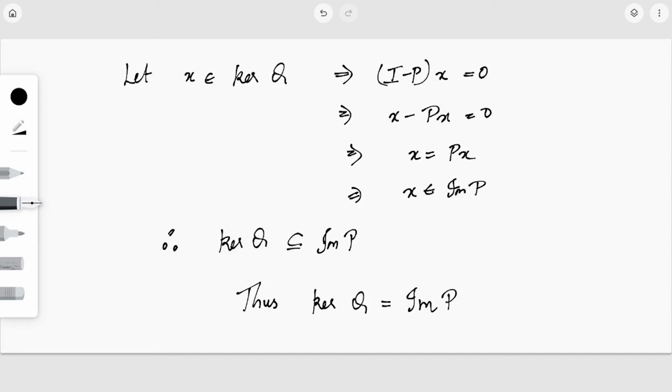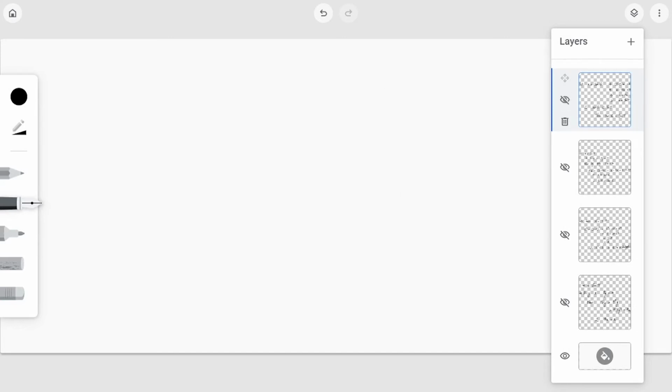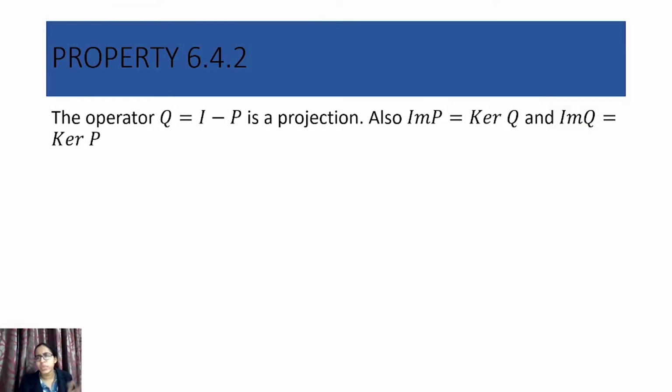And the other portion, that is kernel of P is equal to image of Q, can also be solved in a similar manner. We just have to use the first property to prove the second property. That is, first property states that P of X is equal to X for every X element of E1, where E1 is the image of P. So the second one you can prove in a similar manner.